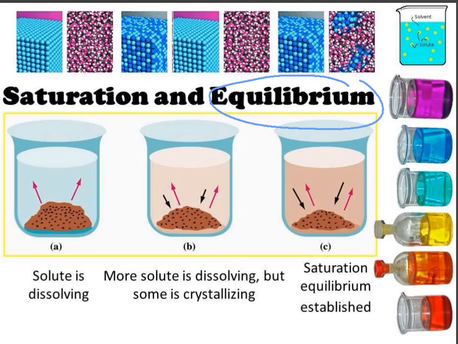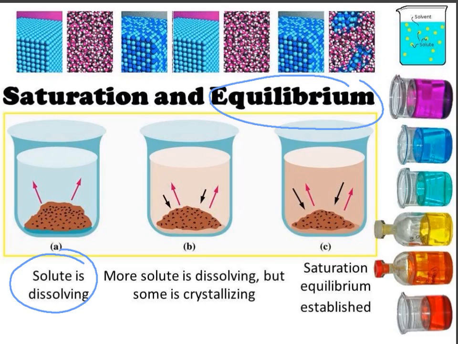So basically, when we talk about equilibrium in solutions, no more crystalline solute is dissolved, even if both processes of dissolving and crystallizing are still taking place. In this diagram, for letter A, for example, solute is still dissolving.